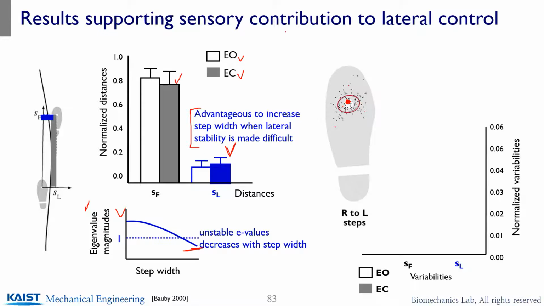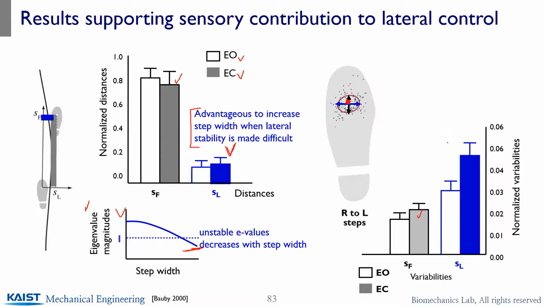Step variability in the fore-aft direction, the sagittal plane direction, with eyes closed increased, of course, because there is missing sensory information. The lateral variability increase was huge compared to the sagittal plane. The fore-aft variability also increased, but the medial-lateral increased a huge amount.